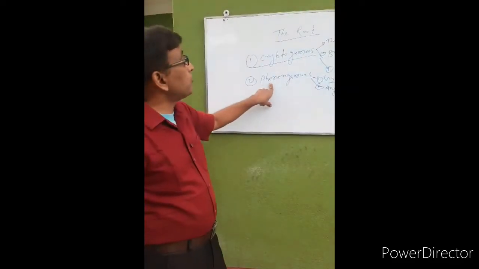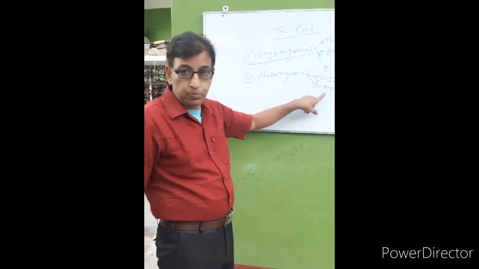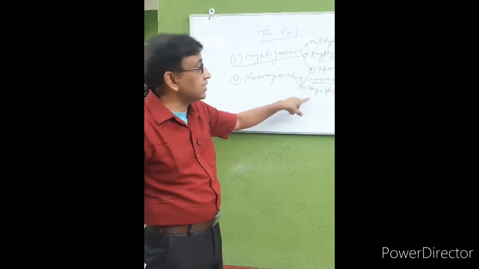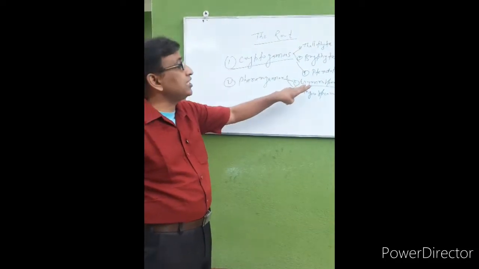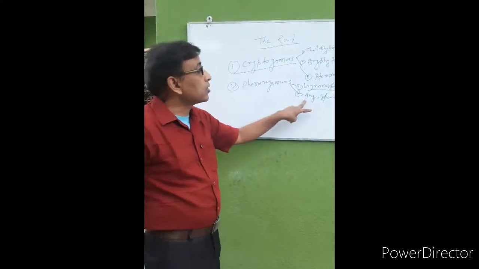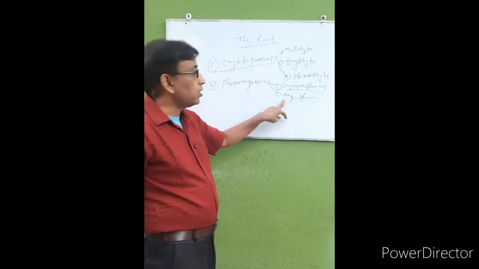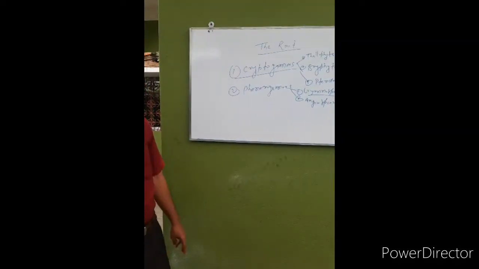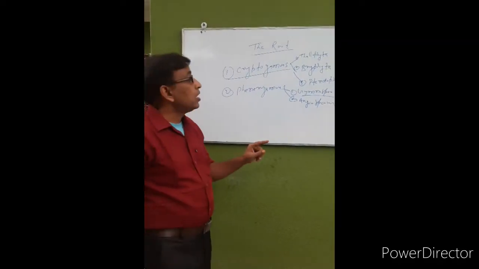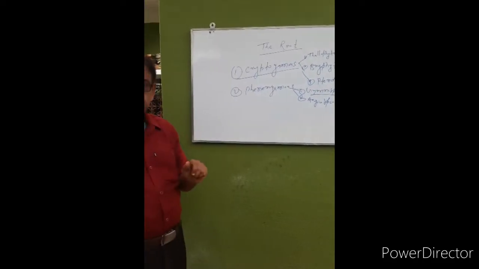But the difference is, in gymnosperm naked seed is present, whereas in angiosperm covered seed or fruit is present. Here we are going to discuss the root of angiospermic plants.